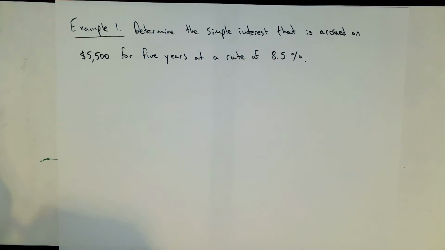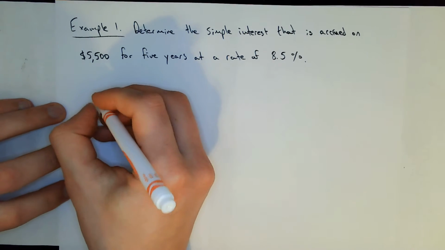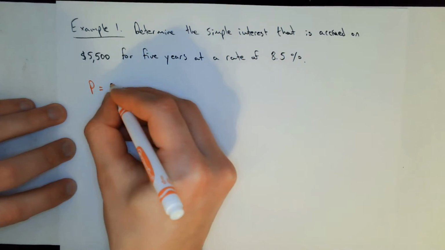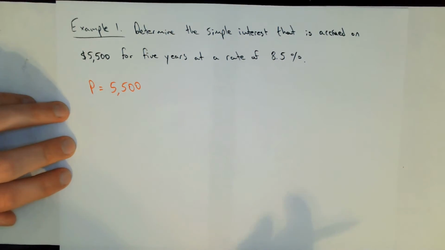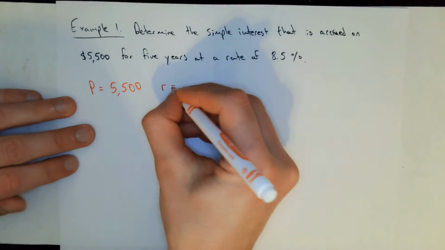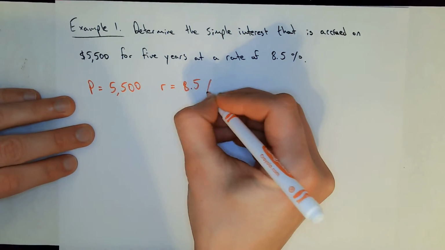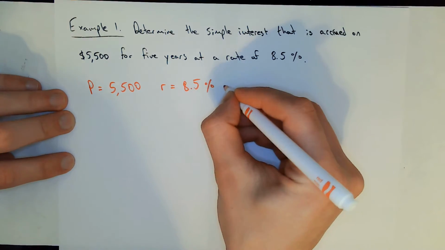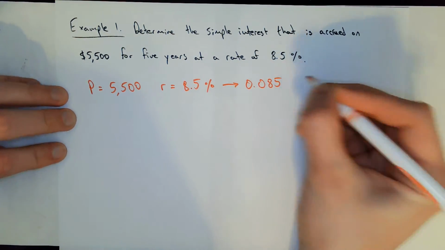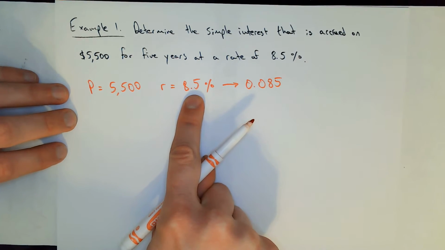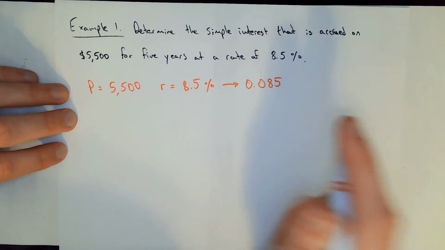So let's see here. First thing we need to do is identify these variable letters. P is clearly the principal, 5,500. R is going to be 8.5%, which of course we need to write as a decimal, so R is equal to 0.085. Just dividing your percent by 100 to turn it into a decimal.